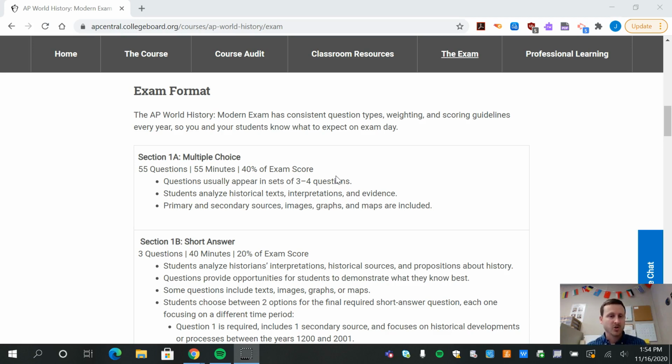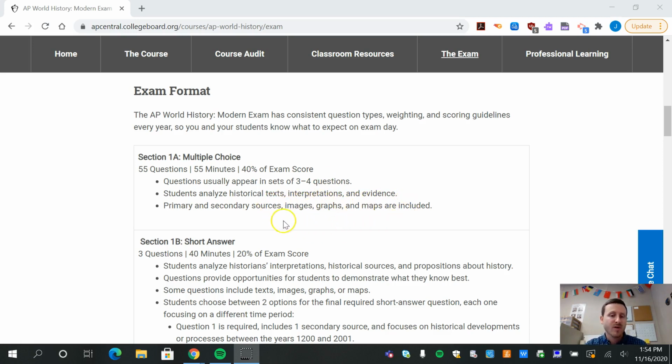So, if a teacher gives a 40 question test, then it's 40 minutes. That way it gives you an understanding of whether you are taking too long on questions, or whether you can spend longer on different questions that may require a little bit more time, especially as we look at analyzing historical text, interpretations, and evidence.